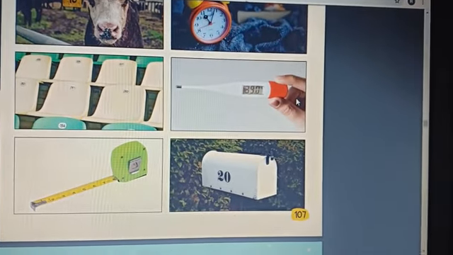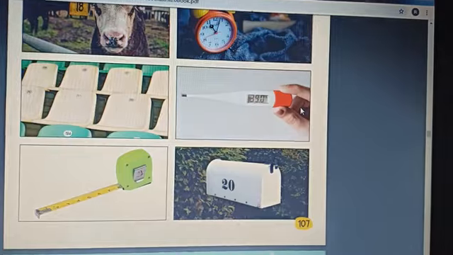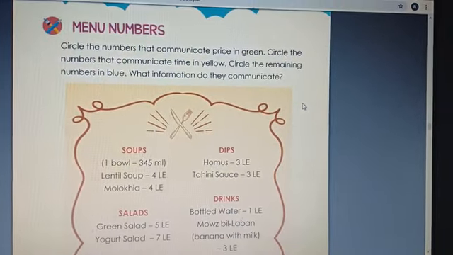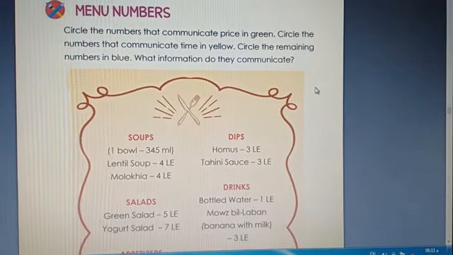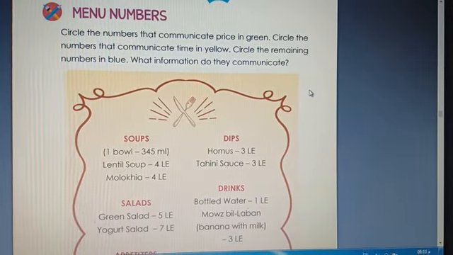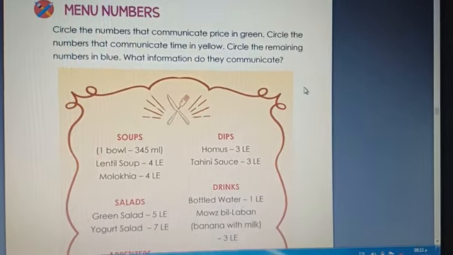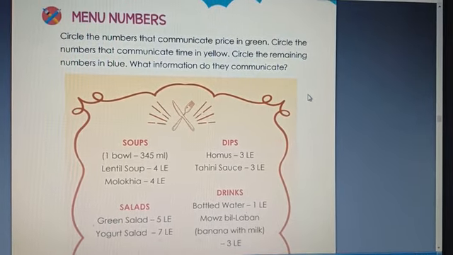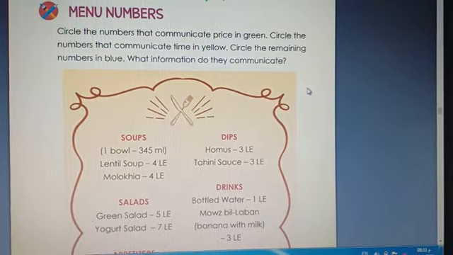Now, I want you to turn to page 108. Every number is used for a reason. It tells me information. On this page, we want to know what information I get from each number.